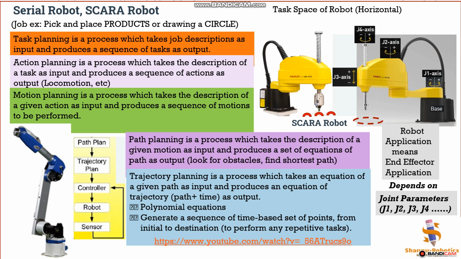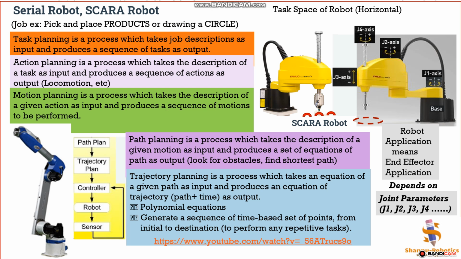There are many types of robots or robotic arms, such as serial robots and parallel robots. We restrict ourselves to serial robots because these are among the most important industrial robots. One such robot is called a SCARA robot, whose work is mostly in the horizontal plane.